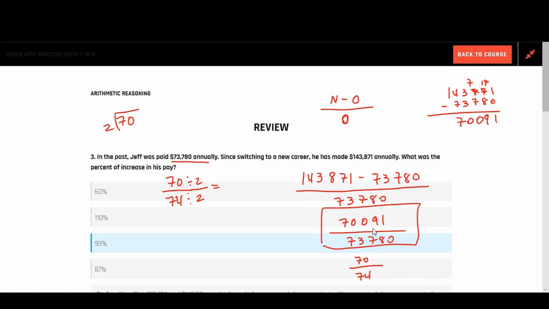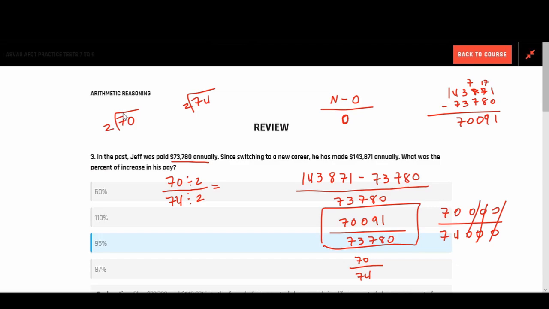I round it down, and just so you can see that, if I round it to 70,000 and 74,000, what I can then do is just kick off these zeros to make it 70 over 74, and now I can reduce this even further by dividing by 2, which I'm going to do right here.